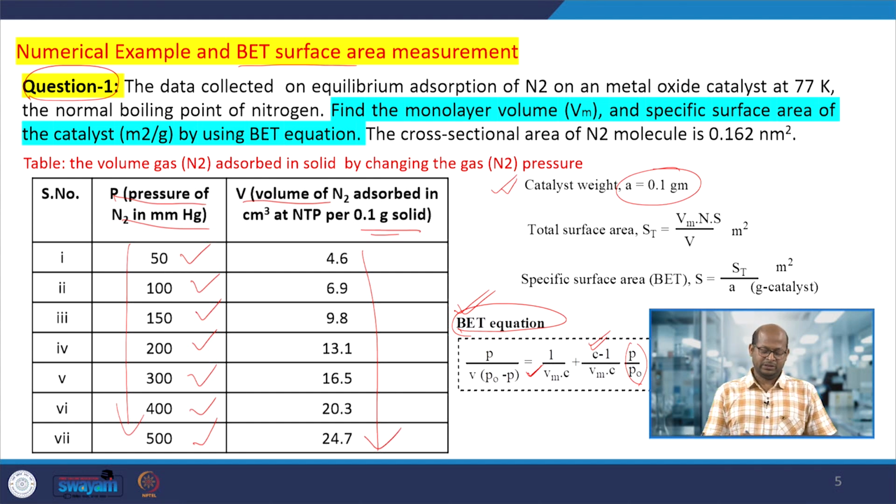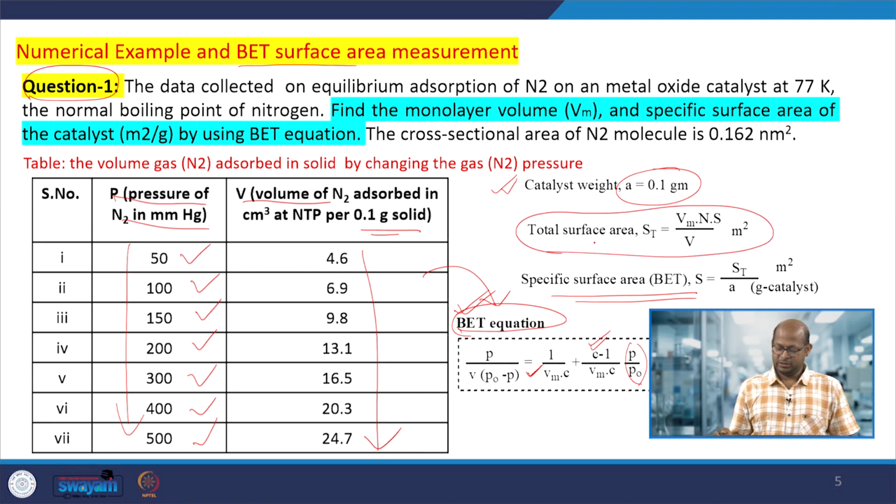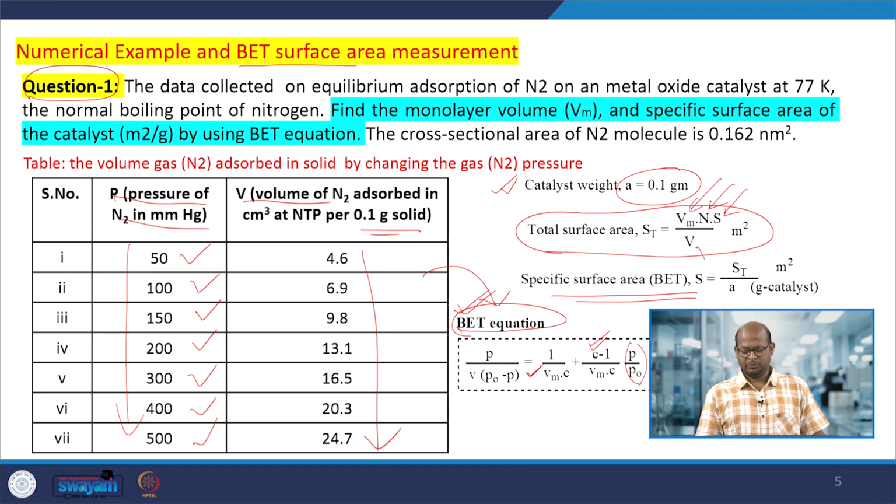Using this data and these equations, the specific surface area of this particular porous material, the powder sample, we can measure. Initially, for total surface area we can use Vm N A over V, the terminology we discussed in our previous class, where St is the total surface area, and also the total amount of material we have taken.